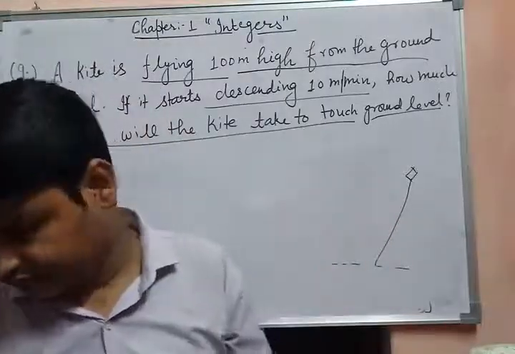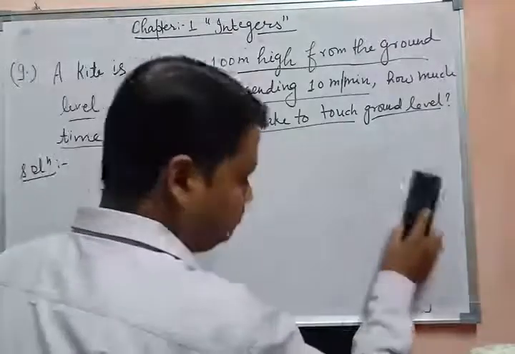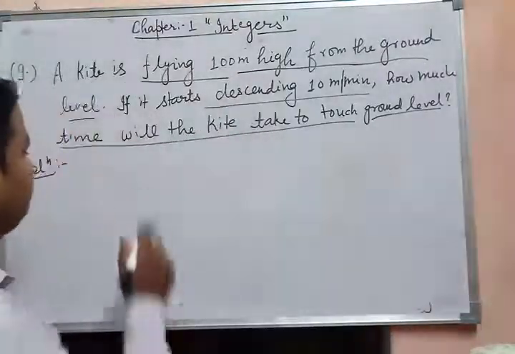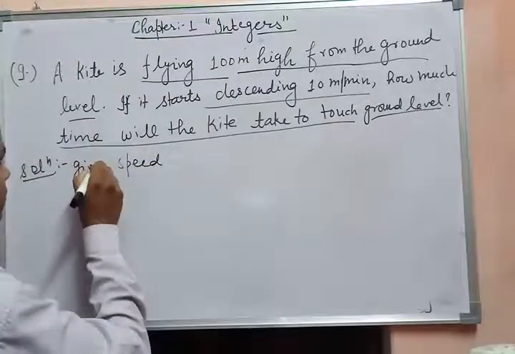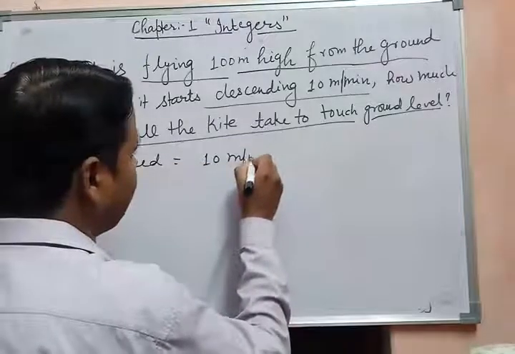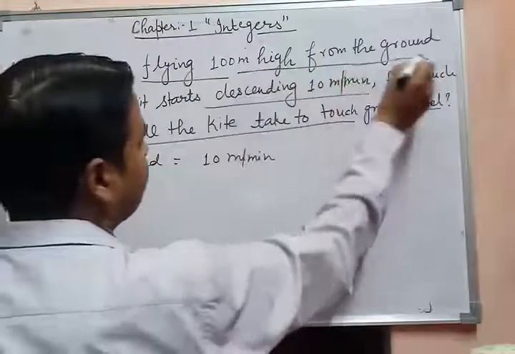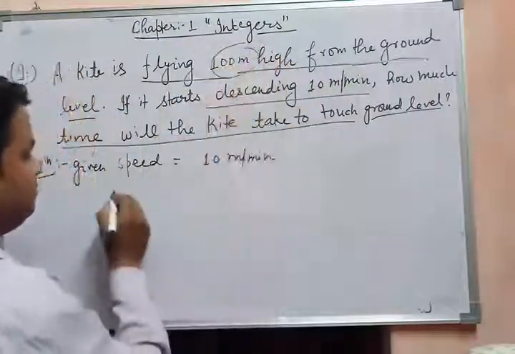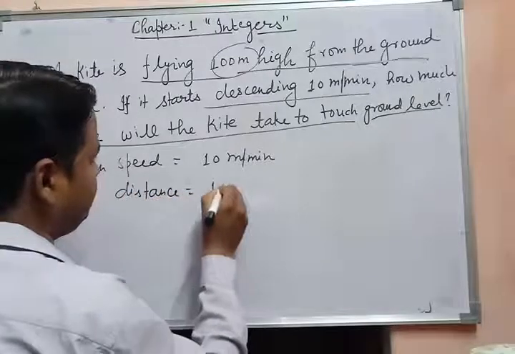Here the given speed is equal to 10 meter per minute, and the kite is 100 meter high from the ground, so the distance is equal to 100 meter.